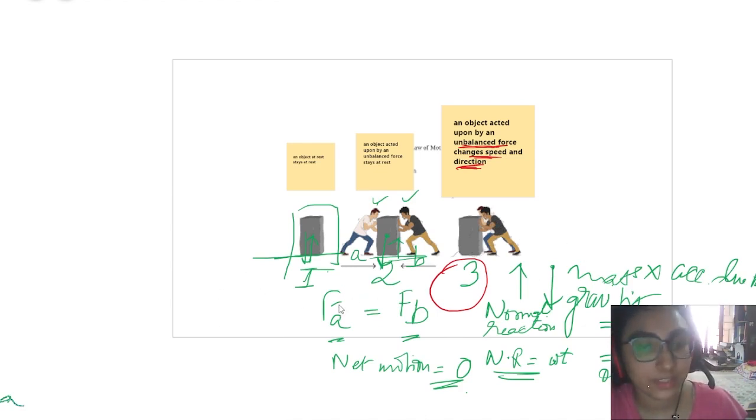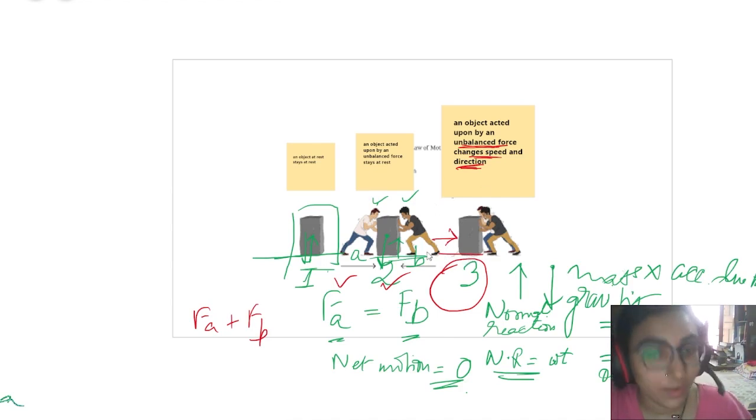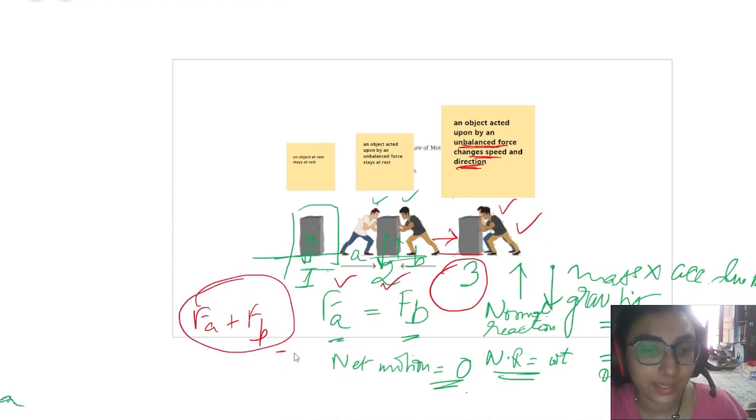So now instead of Fa equals Fb, it has become Fa plus Fb. There is no resistive force here, right? Like there is friction, but we'll talk about that later. But friction is also not enough to overcome the force of both these men. So as a result, Fa plus Fb minus, let's say the friction, which is coming from the ground on this side, let's call it small f.